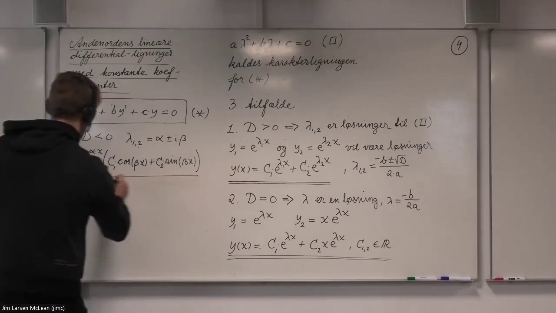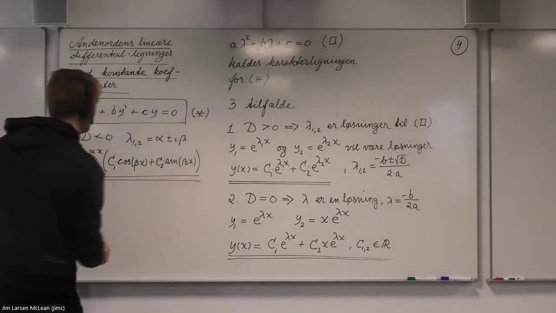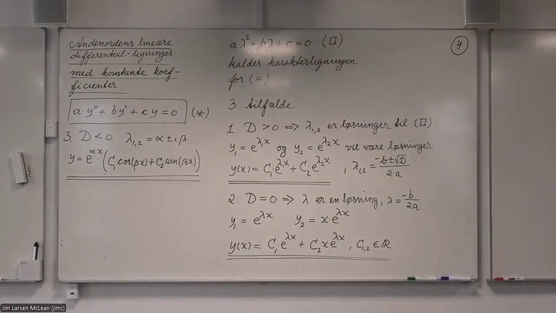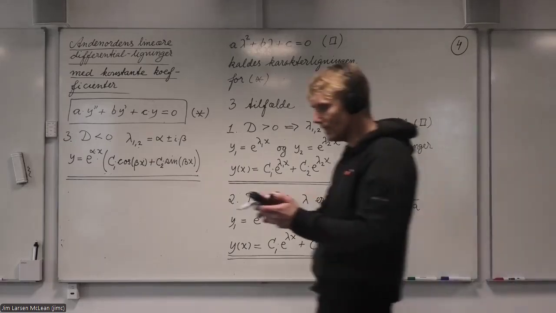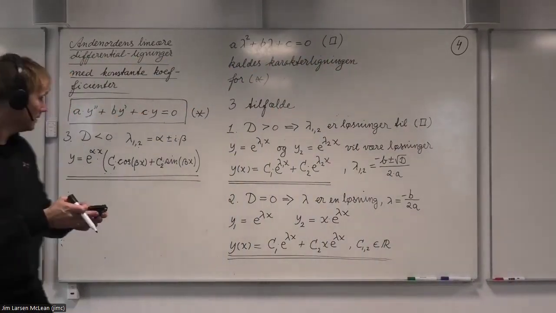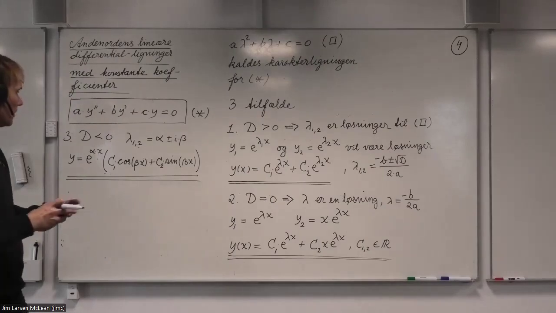So here's what the solution looks like if the discriminant is negative. And just to make sure I'm not telling you lies, let me check if I remember it correctly, because for some reason, it's always hard to recall. It's correct. I remembered it right.